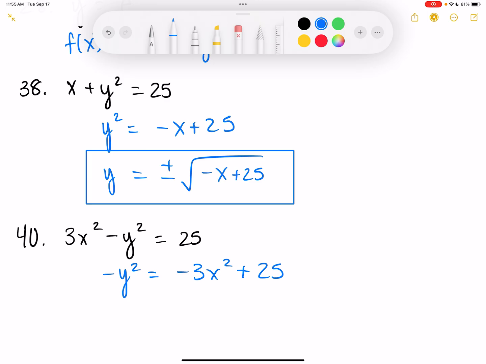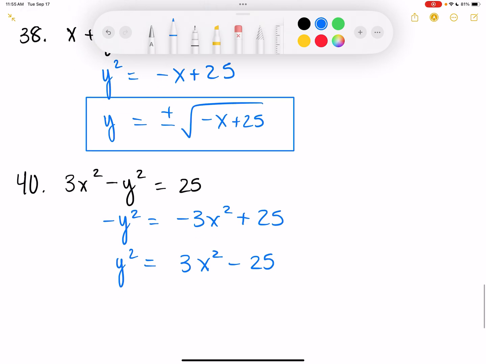Well, divide by negative, so y squared equals 3x squared minus 25. And finally, what do I do? Y equals plus or minus the square root. Yep, y equals plus or minus square root of 3x squared minus 25.